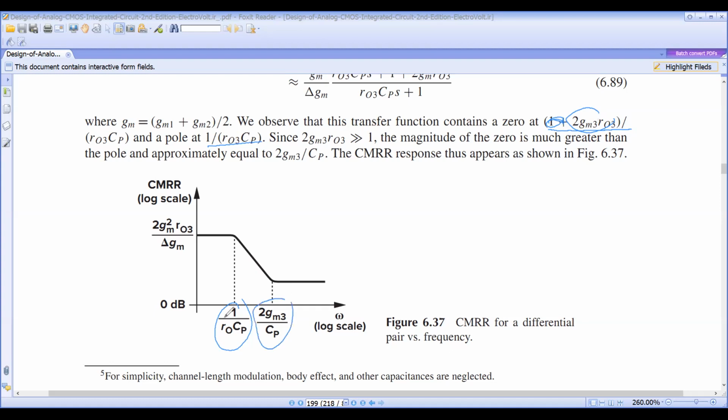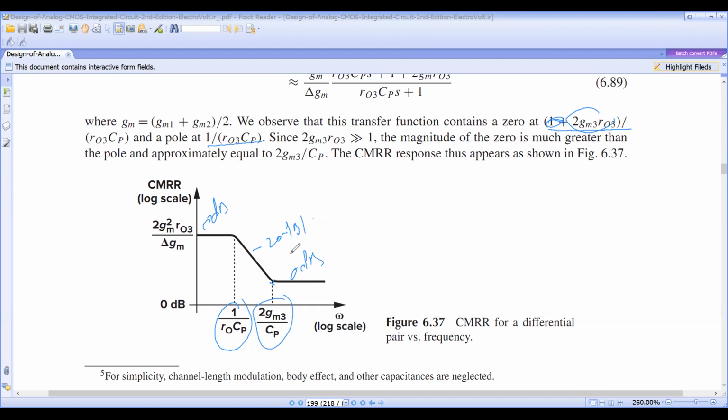For example, at 0 dB gain, because the pole is present first, it becomes a minus 20 dB slope. Then, because the zero exists here, the plus 20 dB again makes it 0 dB.